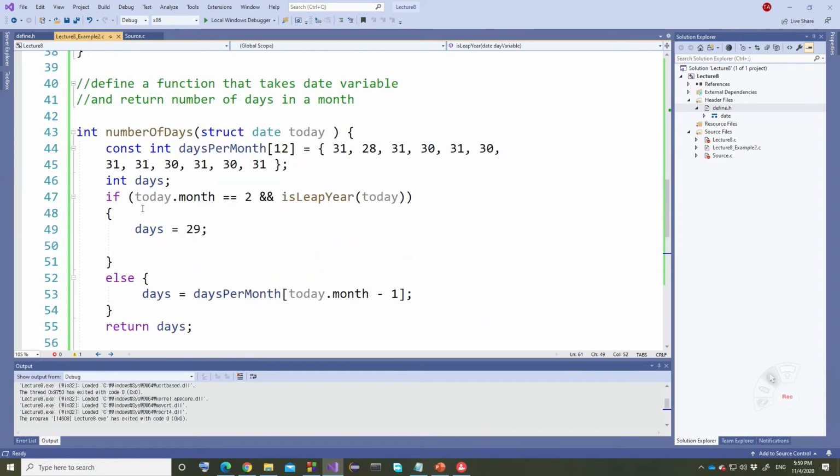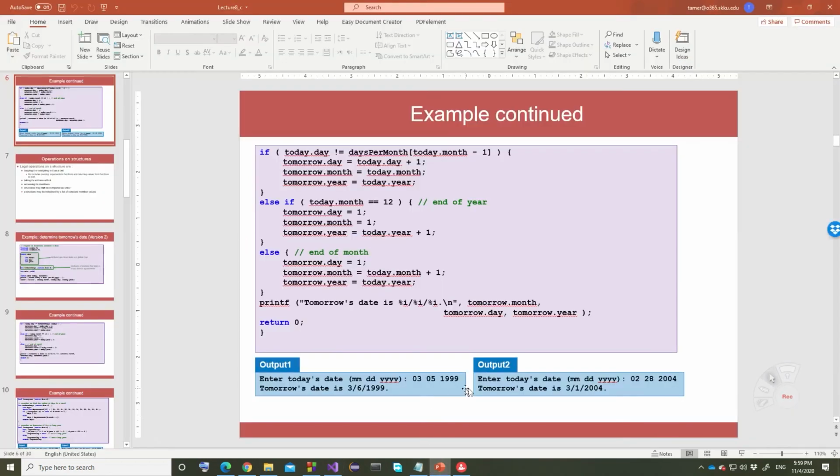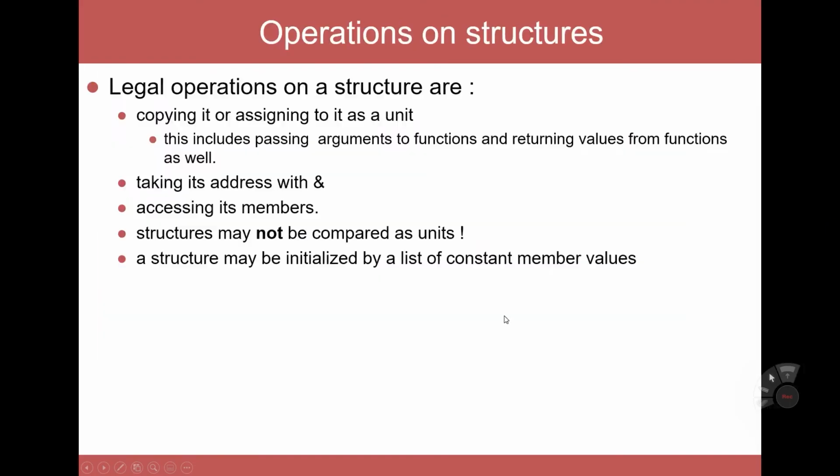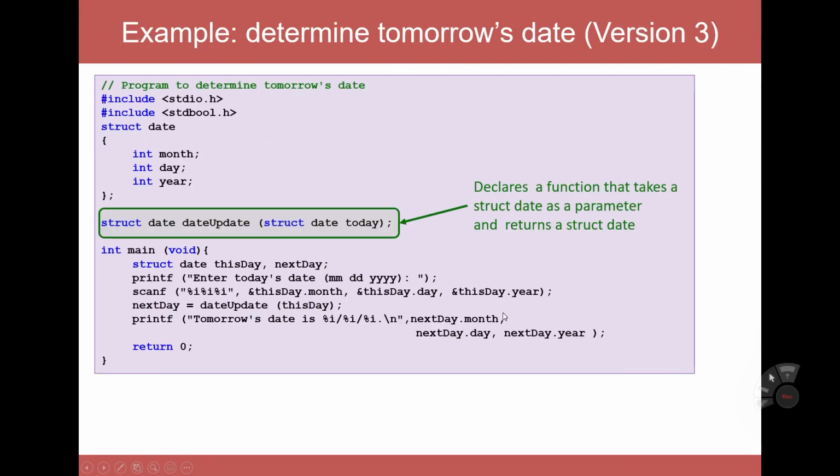Now, maybe we have another type of function here. For example, if I go to my PPT, I can create a function which receives a structure, like this example here, it receives a structure and it returns a structure.